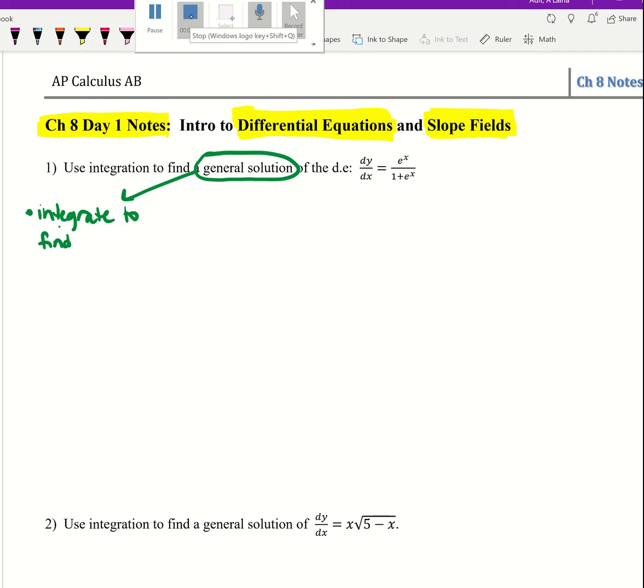And since it says it's a general solution, you're going to have a plus c at the end. So anytime it says general solution, you're going to have a plus c. There are going to be times where they ask you to find a particular solution, where they'll give you an ordered pair so you can figure out what c is. But when you're asked to find a general solution, that's going to have the plus c.